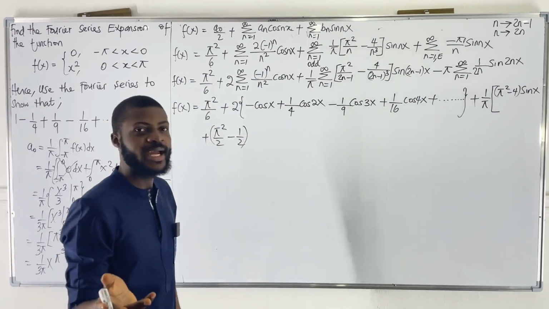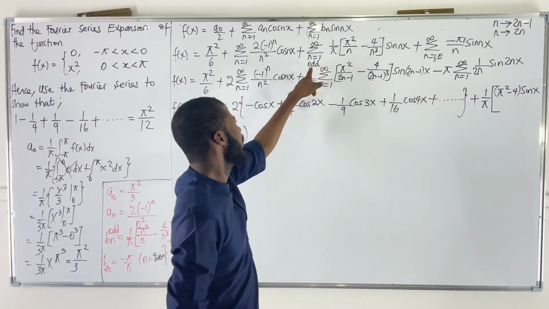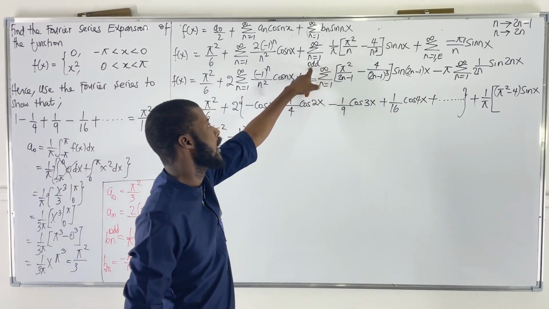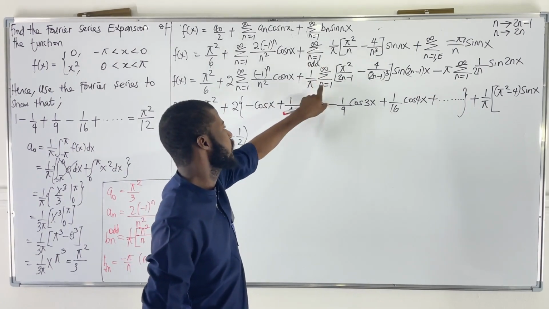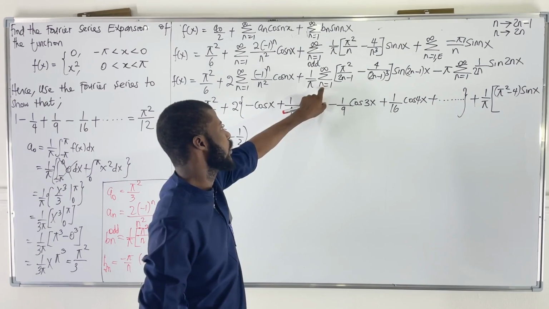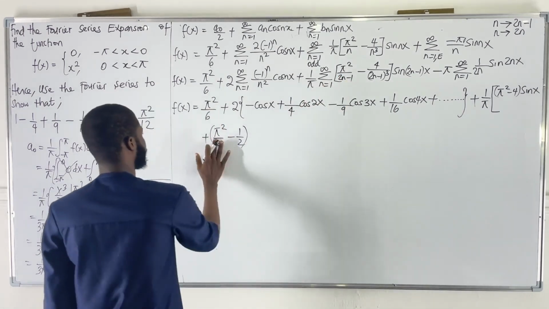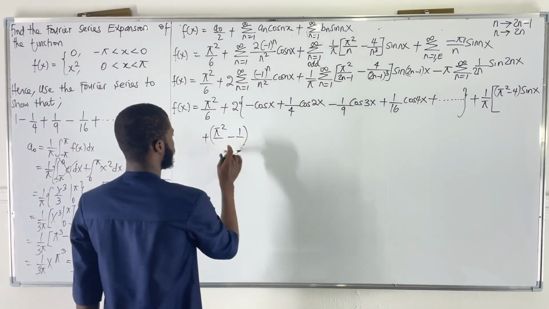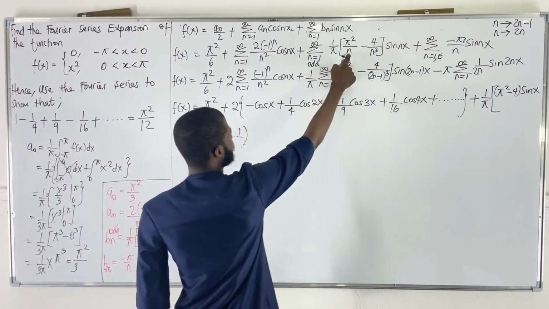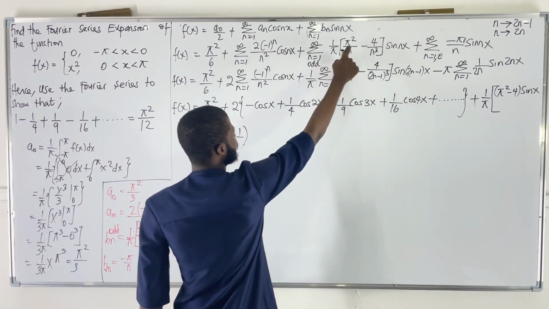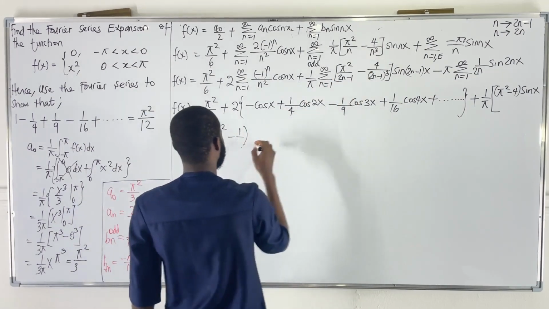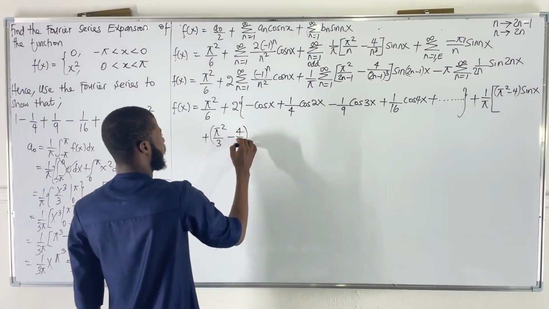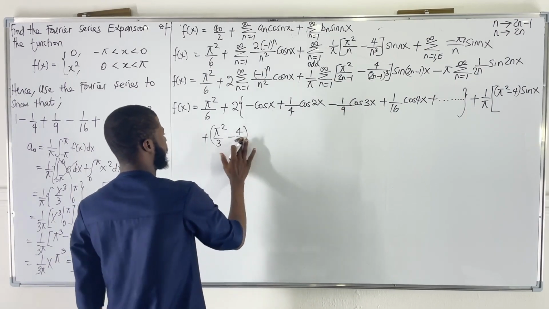You see, this is why I hate using this approach. I went to put an even number when everything was supposed to be odd. This is why I don't like using this. I just prefer using this one, because if I use this one, every single thing will be odd. Sorry about that. This is 3. n was supposed to be 3 because the next odd number is 3. This is pi squared over n. So that's pi squared over 3. And then n cubed is 27. So this is 4 over 27.